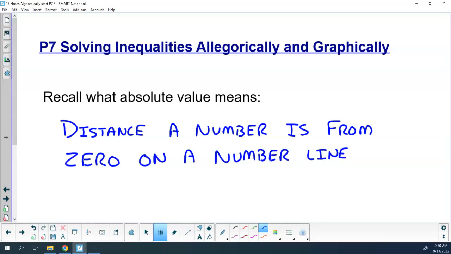The distance part is the part that makes it always positive, because you can't have a negative distance. So you just say the absolute value of 7 is 7, or the absolute value of negative 7 is 7. That's how you use it. You just make the number be positive. But the true mathematical definition is the distance a number is from 0 on the number line.